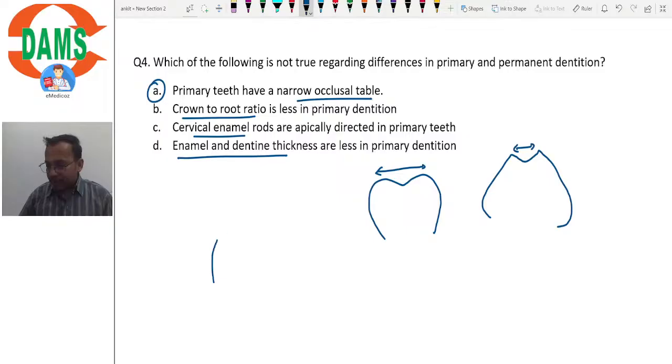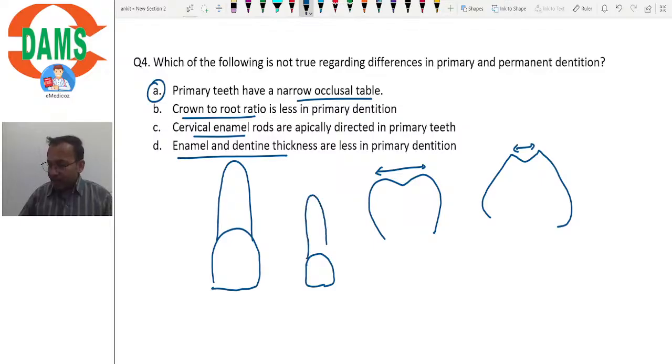This too is correct. In permanent dentition, the crowns look bulky, but in primary dentition, the crown appears very small. So crown to root ratio is less in primary dentition, whereas it is more in permanent dentition. So option B is also correct.